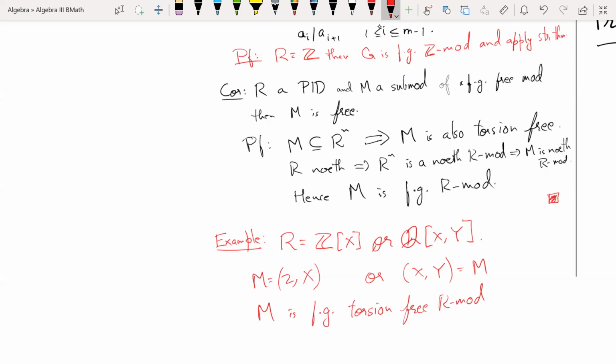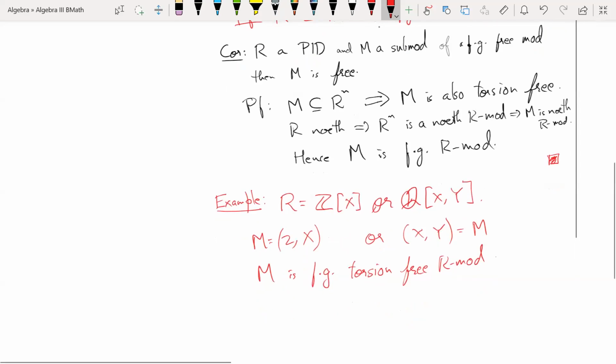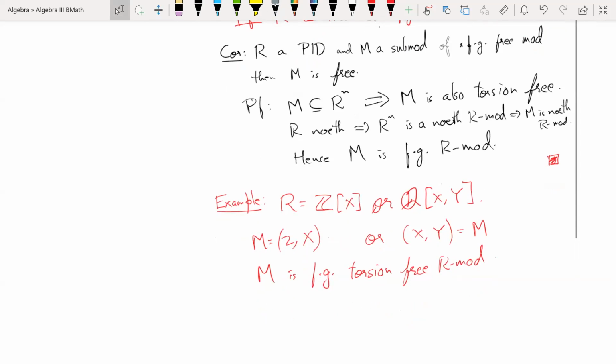I didn't tell you why a submodule of a torsion-free module has to be torsion-free: if there is an element which is torsion, then it's in the ambient module as well, so it is torsion there. But is M free?